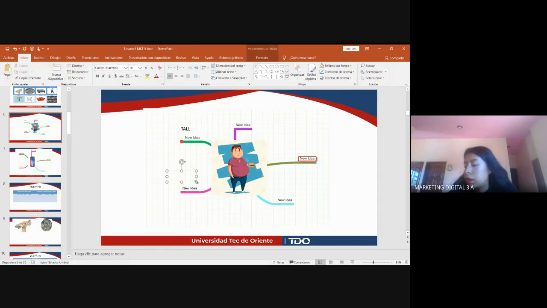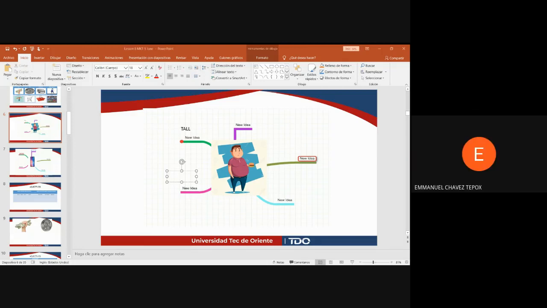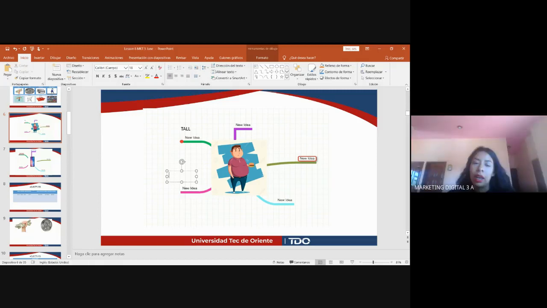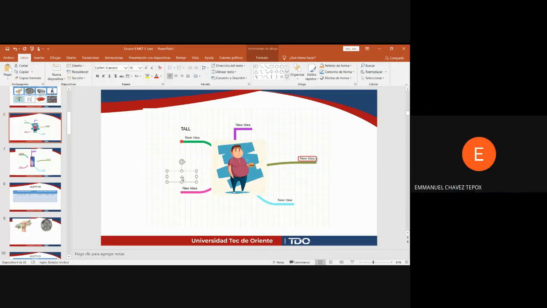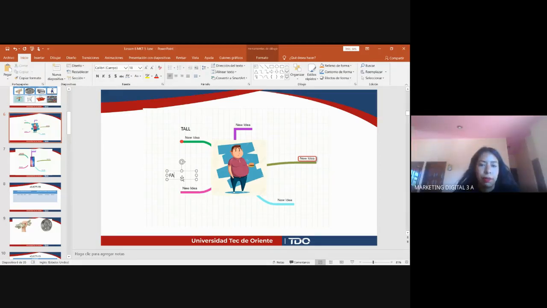Joshua, or Fernanda, you can type it in the chat. What can you say about that? Fat, adjective, fat. I said tall, that he's tall. Can you repeat your adjective? Fat. Sí, está como.